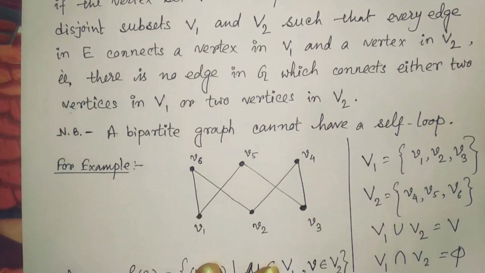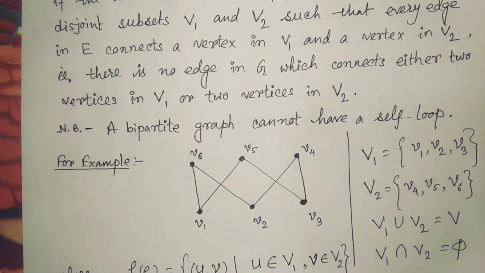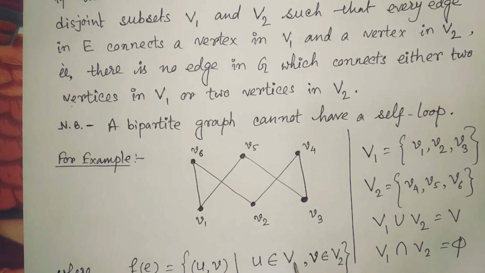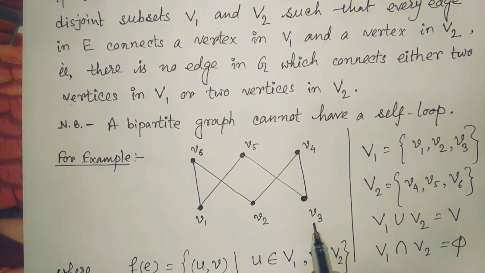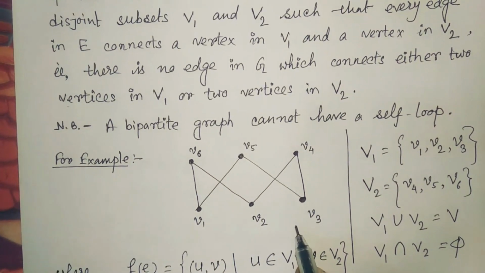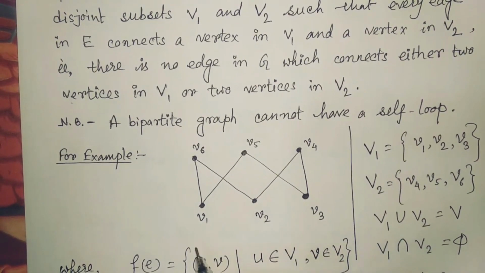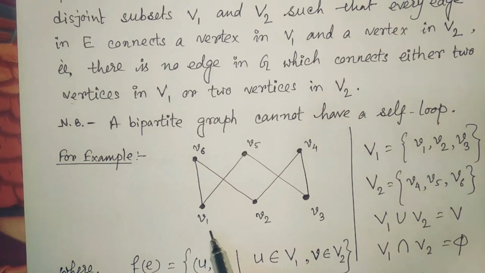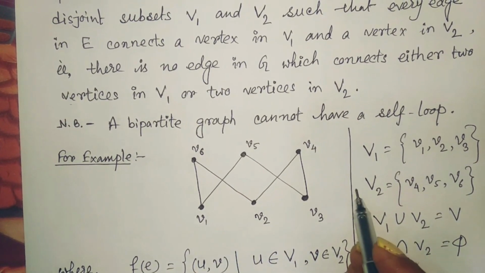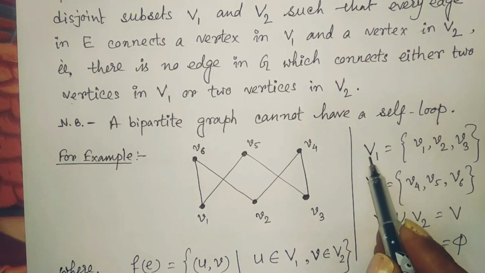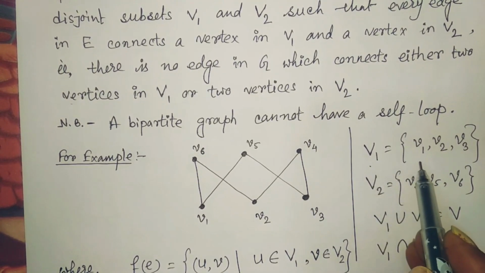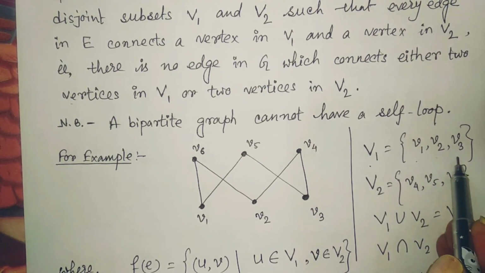For example, what is a bipartite graph? Let this one be a graph. Here v1, v2, v3, v4, v5, v6 are 6 vertices in such a manner that we can divide these 6 vertices into two vertex subsets. One is, say, V1, which contains v1, v2 and v3.